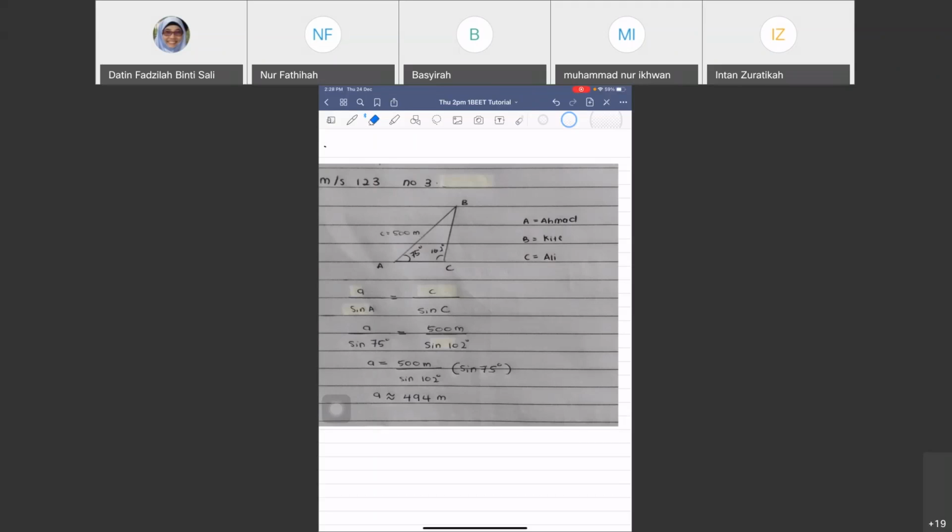Basically this is Ahmad here, and this is Ali, and this is the kite. The 75 degrees is the angle here, and the 102 degrees is this angle here.